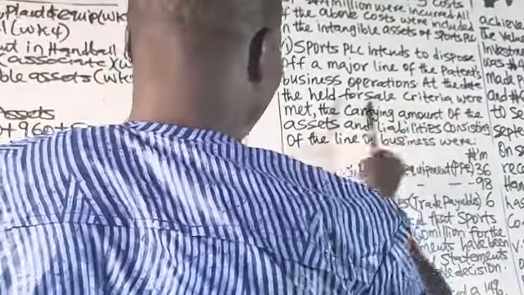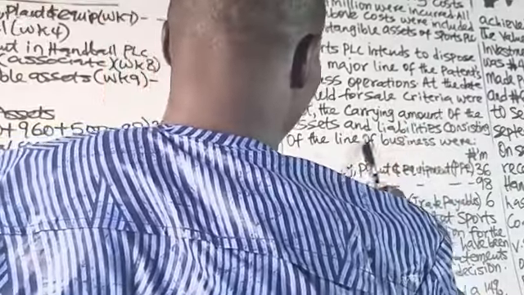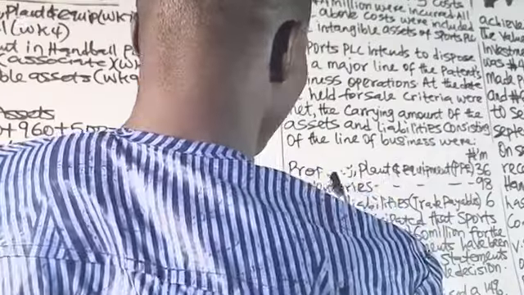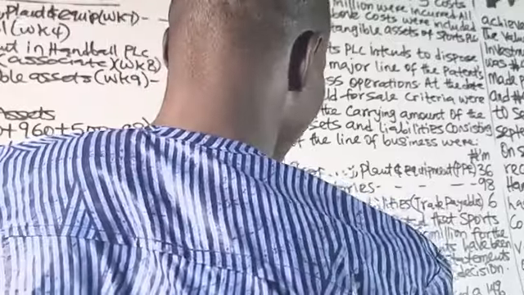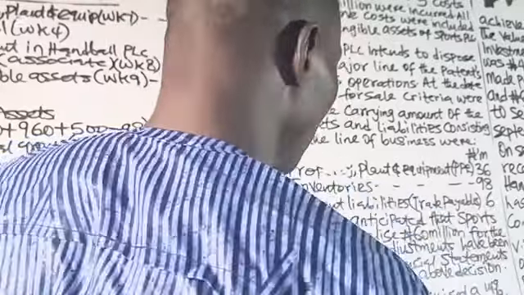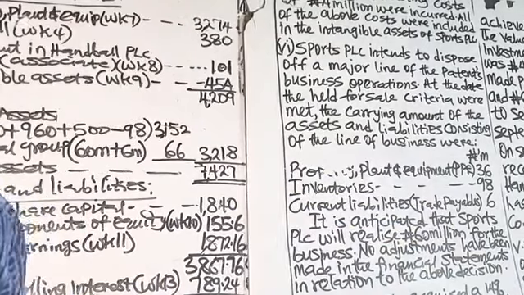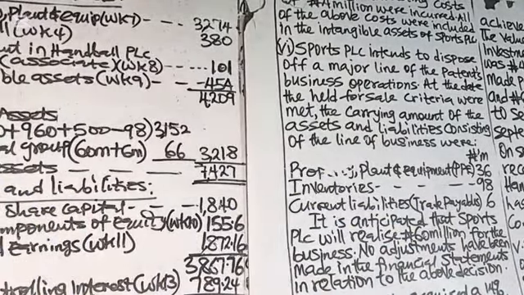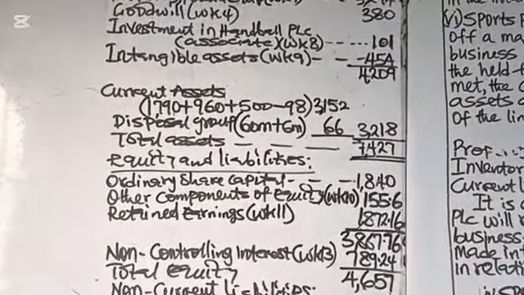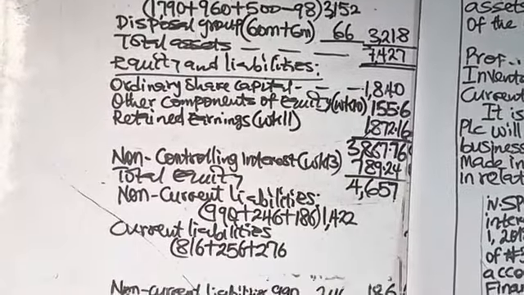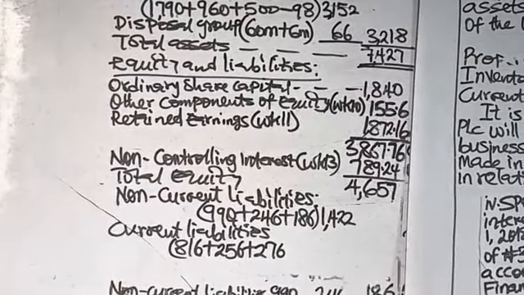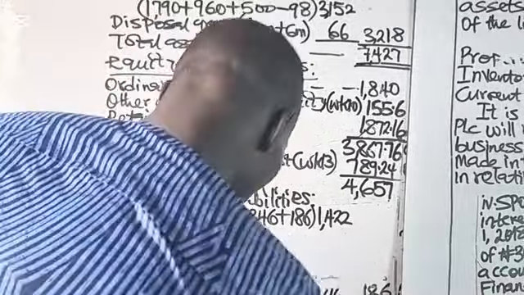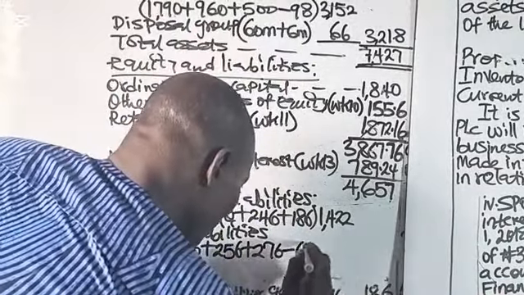The carrying amount of the assets and liabilities consisting of the line of business were property, plant and equipment 36 million, inventories 96, current liabilities 6 million. This 6 million will require adjustment in our current liabilities. As a disposal group, we have minus 6 million.